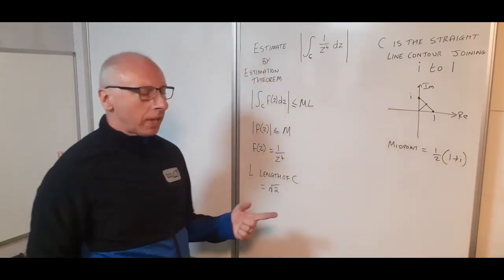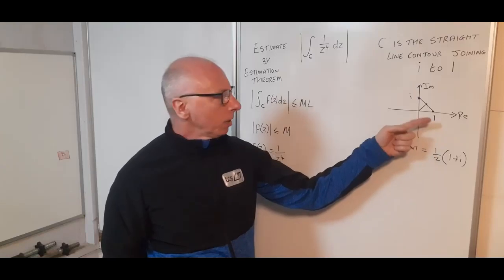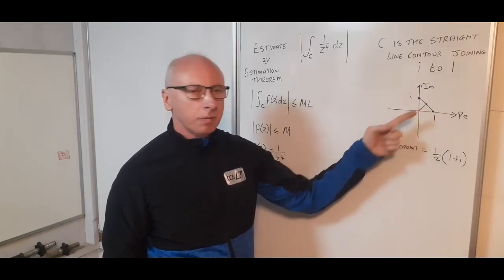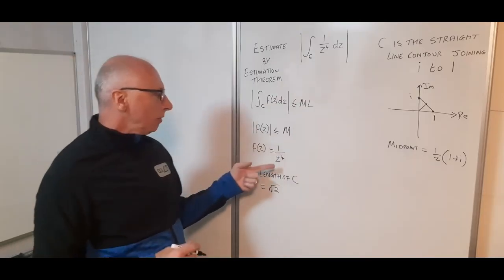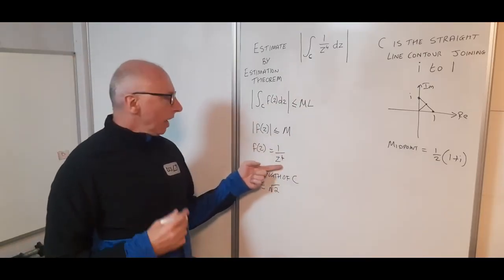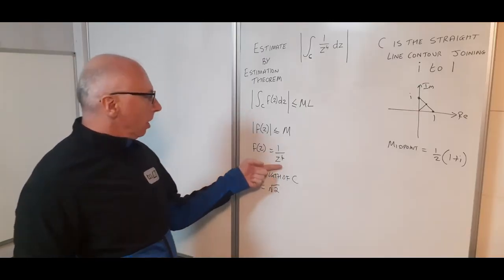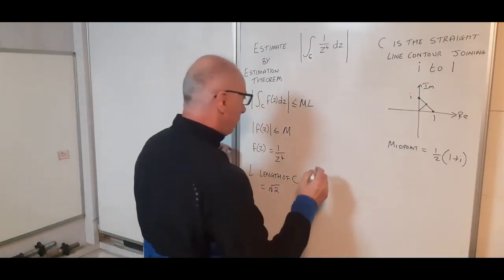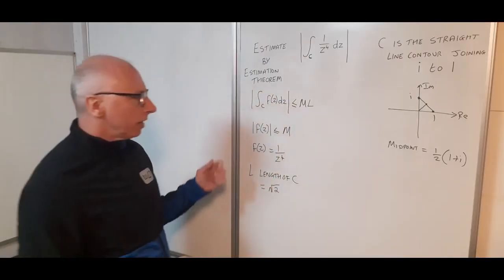So that's the midpoint there, and that would give us our minimum value for a point on the straight line contour. If you put the minimum value in the denominator, that's going to give us our maximum value for f of z. So let's do that.